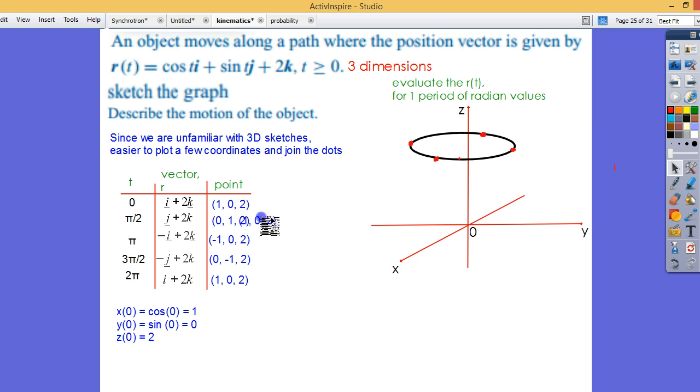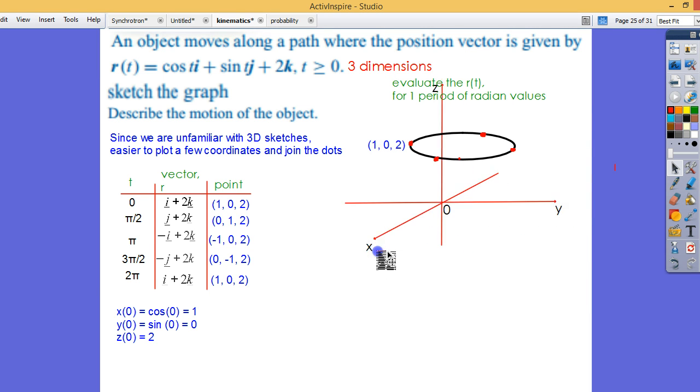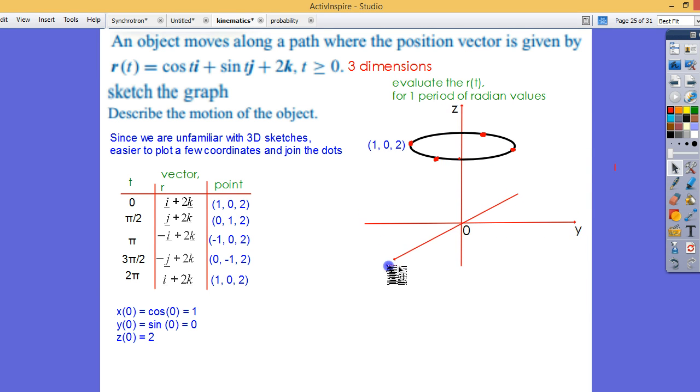Starting at this point. X is positive 1, Y is 0, and Z is 2. Which fits probably better right there. I'm just going to swap my axes around a bit like that.